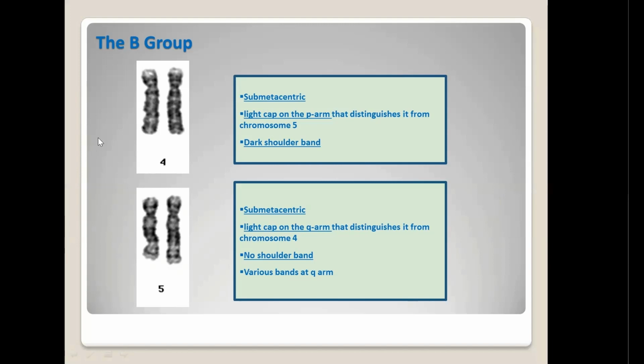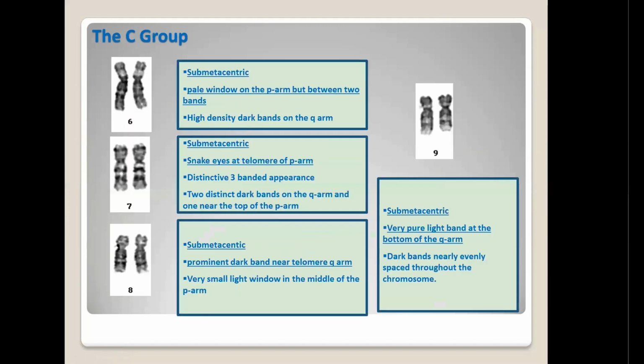Second, there is a light cap on the telomere part of the P arm in chromosome 4, and there is a light cap on the telomere of the Q arm in chromosome 5. So chromosome 4 has a shoulder band, but 5 doesn't have it. Chromosome 4 has a light cap on the P arm, but 5 has a light cap on the Q arm. So chromosomes 1 to 5 are sorted. Pretty easy.